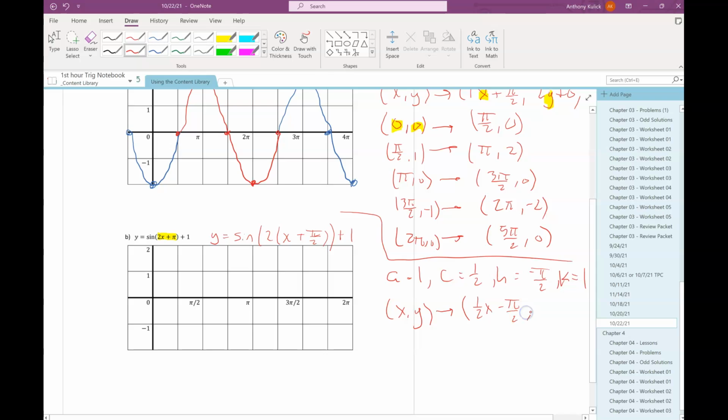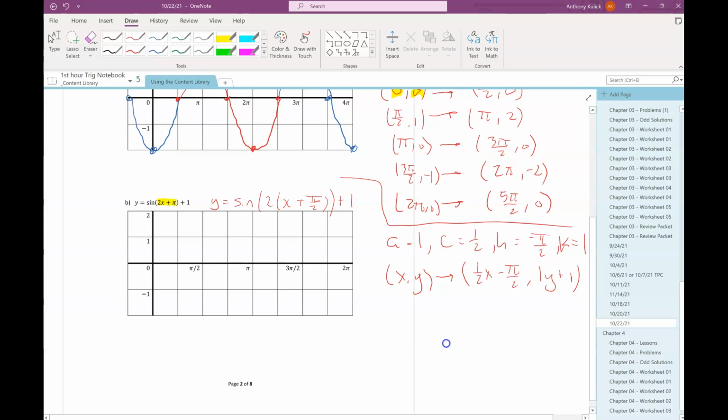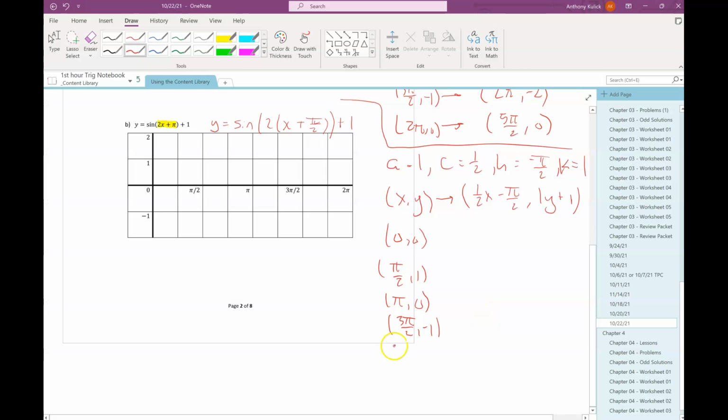So I'll go ahead and write my transformation map. That's CX plus H, AY plus K. And I'll do that to the same key points. Since this is a sine graph, it's still the same key points. So here is negative pi over 2 and 1.